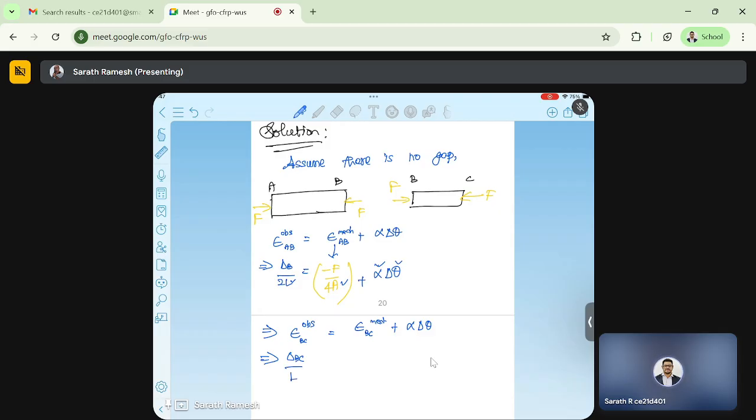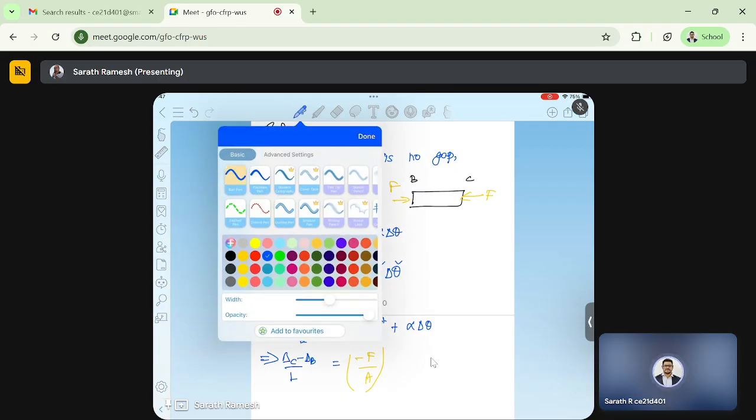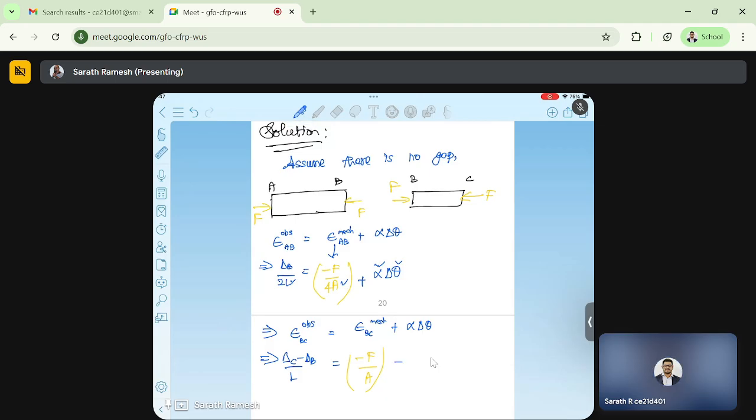Delta BC is delta C minus delta B. So delta C minus delta B divided by L is equal to the mechanical strain in BC. Yes, there is a force F. So let me write in this color, minus F by area. This is the mechanical strain plus alpha into delta theta.